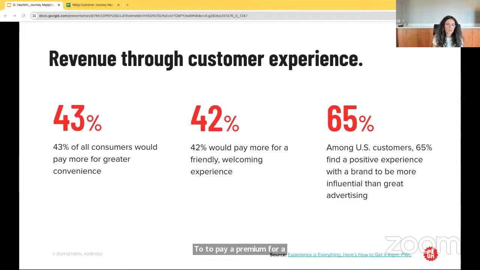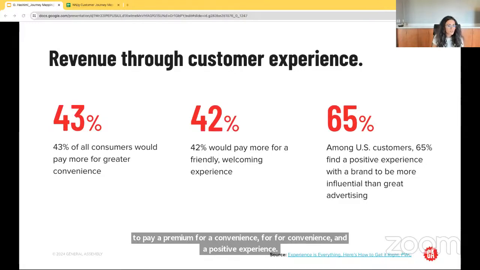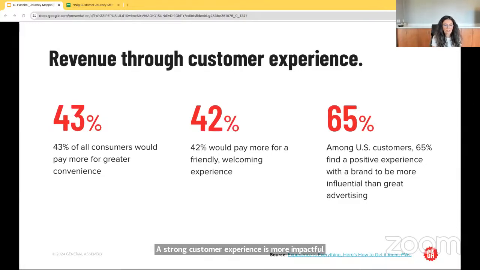A strong customer experience is more impactful than advertising, and a friendly and welcoming atmosphere can significantly influence purchasing decisions and one's willingness to pay more. Overall, these statistics here demonstrate that investing in customer experience is not just a cost, but really a strategic investment that can yield significant financial returns.